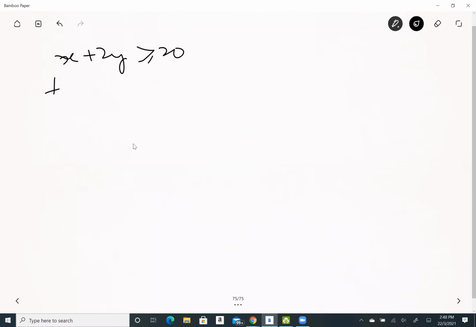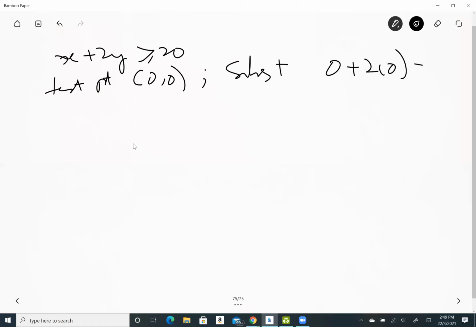Now test point 0, 0. Substitute. What do I get? I get 0 plus 2 times 0 equals 0. Now, is 0 bigger than 20? It is not. In fact, it's less than 20. So all the points on the same side as 0, 0 do not satisfy.